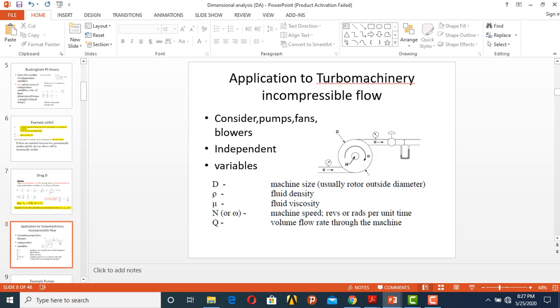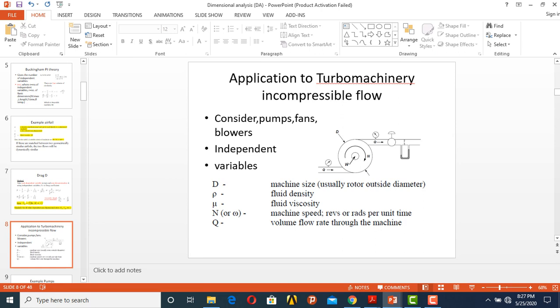Let us look at the application of this dimensional analysis, or non-dimensional analysis, to incompressible flow. In incompressible flow, we are looking at situations like a pump. For a pump to work, there are certain variables which should be around: pumps, fans, as well as blowers.